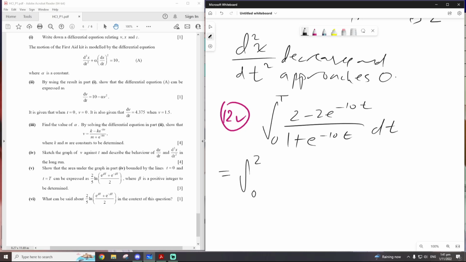If I add 4e^(-10t), I'll get 2 plus 2e^(-10t), so I'll get (2 minus 4e^(-10t)) divided by (1 plus e^(-10t)), okay, dt.